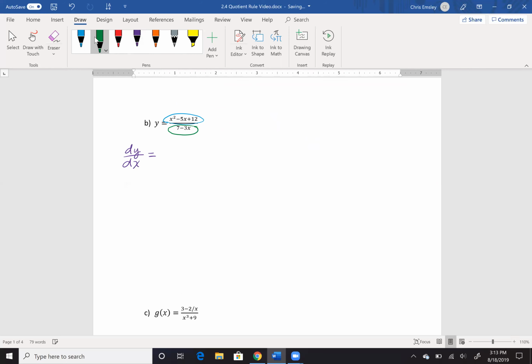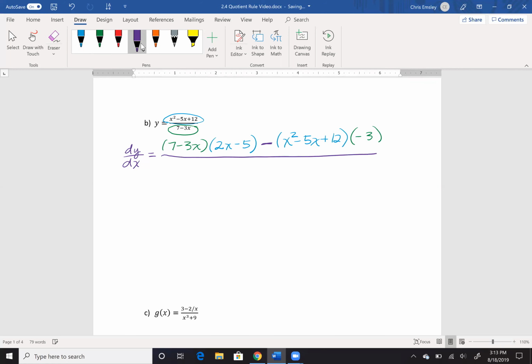So we start off by writing down whatever function you see in the denominator, multiply that by the derivative of the numerator. It is a subtraction, and then write down the numerator, multiply that by the derivative of the denominator, whole thing divided by the denominator squared.